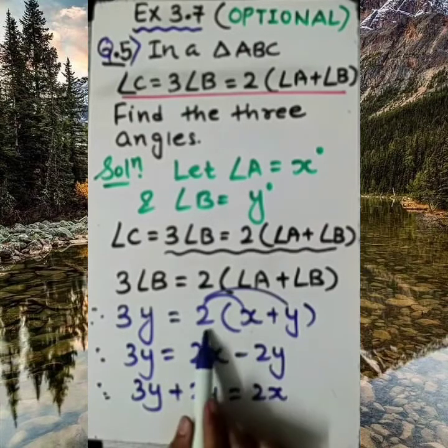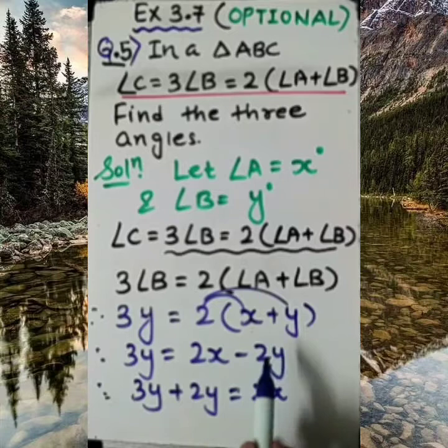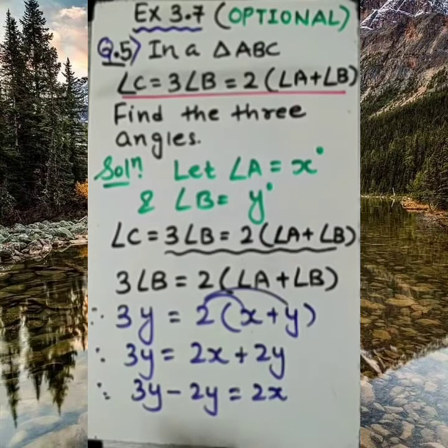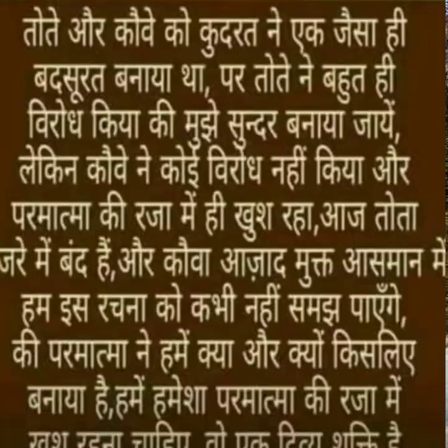Once again I am checking here: 2x, here it is plus, not minus. So this time I am bringing it to this side, so it will become minus. So simply, 3y minus 2y is y. So y equals 2x.